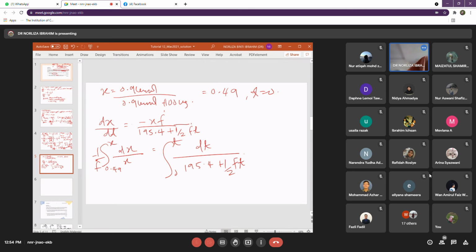Okay, so if you do the integration, you should show how you integrate. I will just give you the final answer, the rest you should try on your own. 0.49, 0.